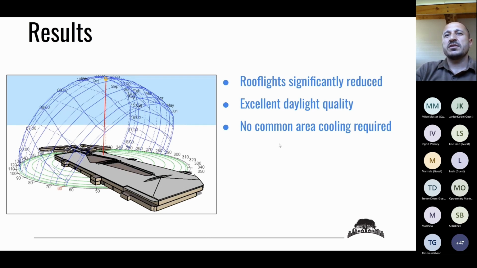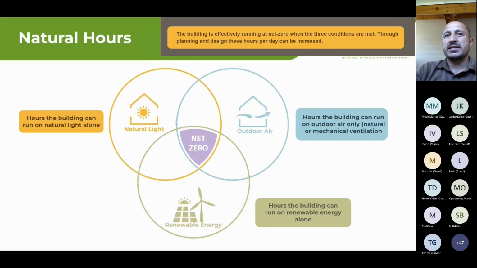So we need to look holistically at these costs, because if done properly, you're saving money here, not spending it. Again, exactly that same process: we're maximizing the natural light, we're maximizing the time that we can use outdoor air, and therefore net zero becomes more of a viable target.